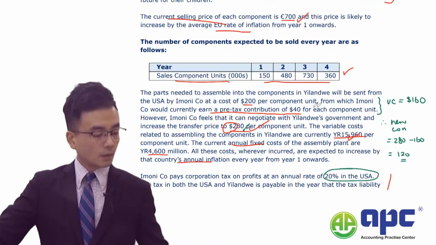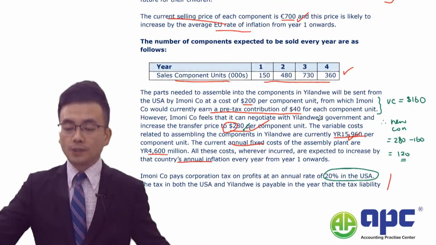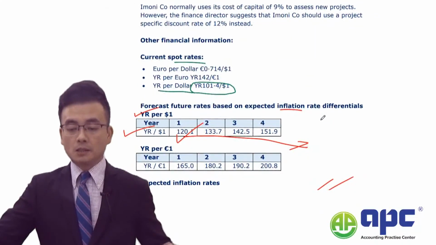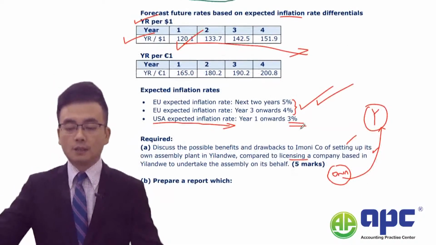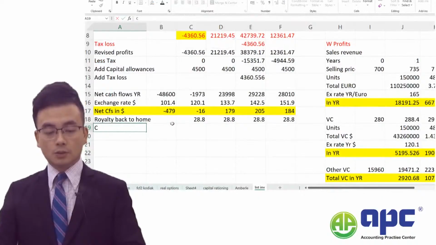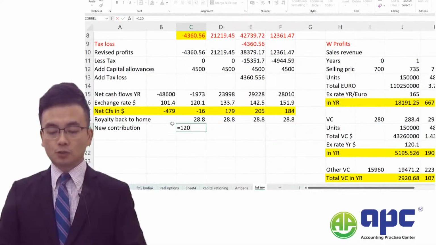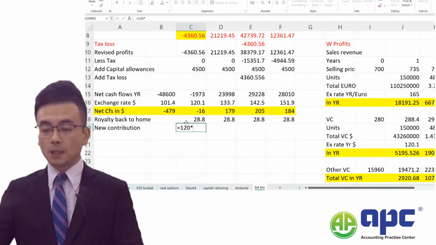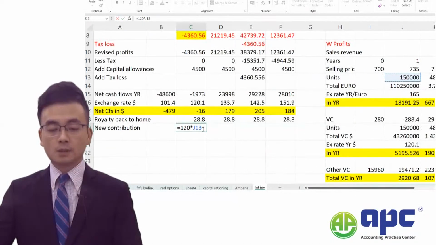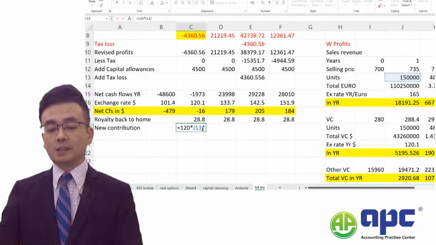And of course, the 120 will be subject to inflation in our country. In the US, the inflation rate is 3%. So the new contribution, we take the 120 and multiply by the number of units. The number of units that we sell will be 150,000 in year one, and of course we express that in million, so over 1 million.